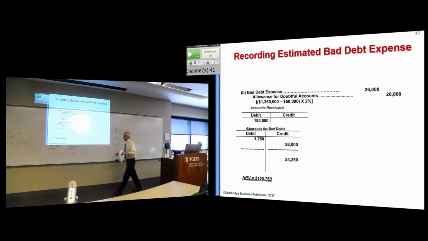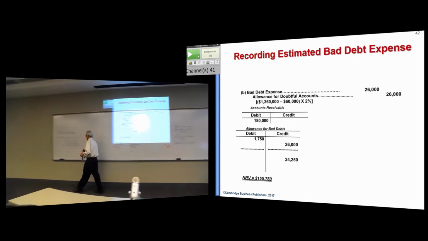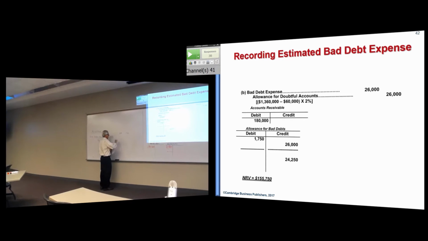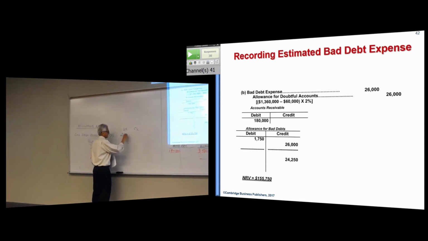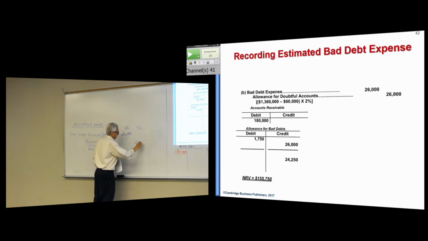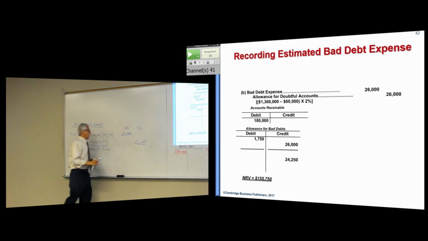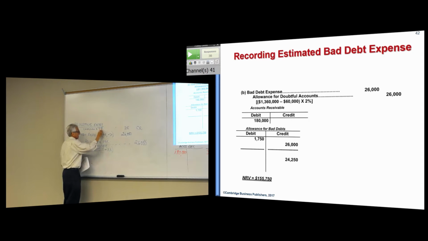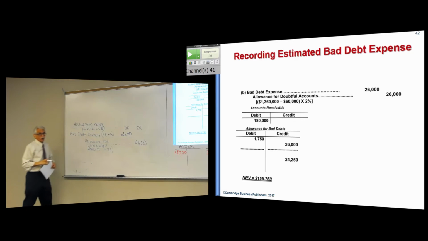So in this case, the bad debt expense is debited. The focus is 2% of net credit sales.